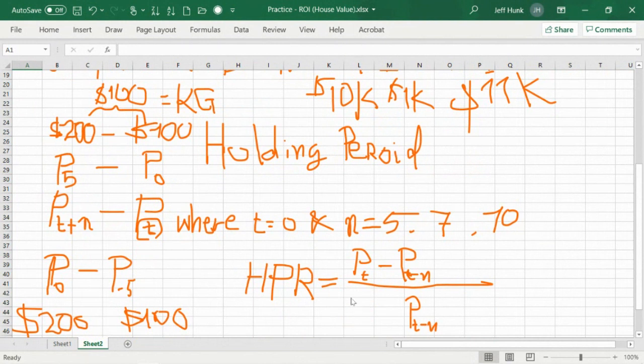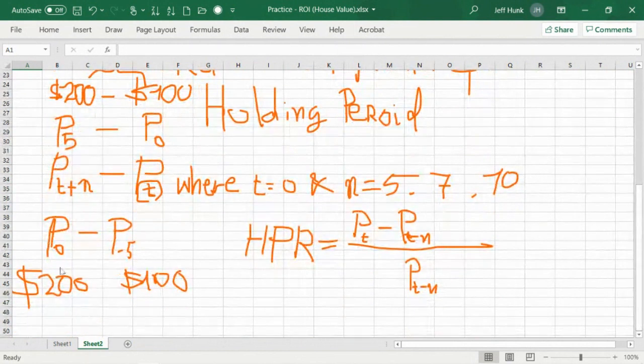And P_T is the price now. If it is $200, there was a capital gain. But suppose it was the other way around.